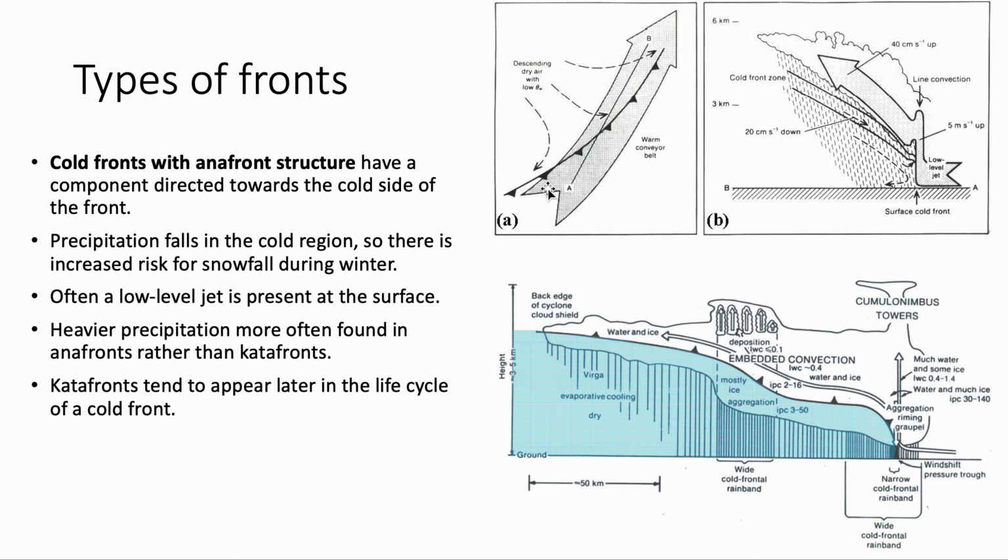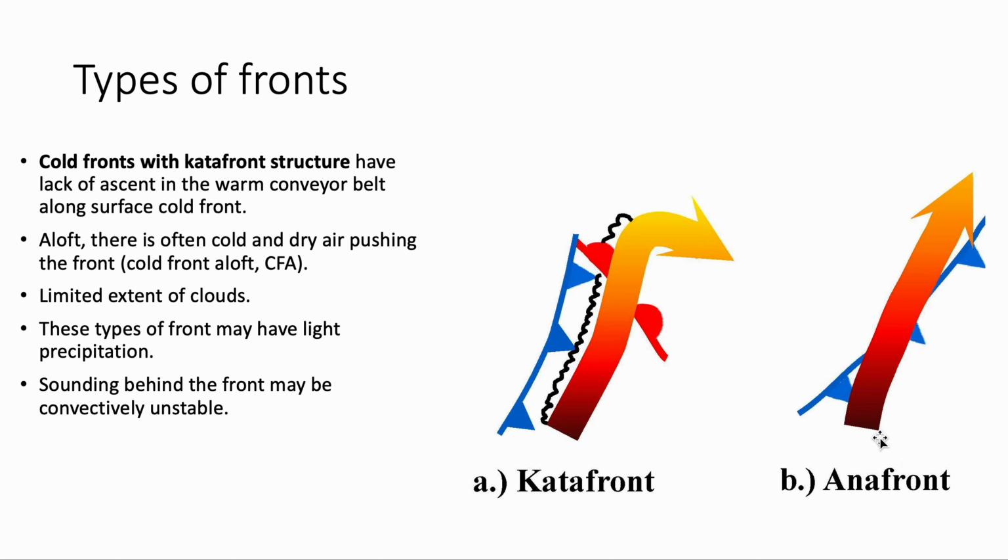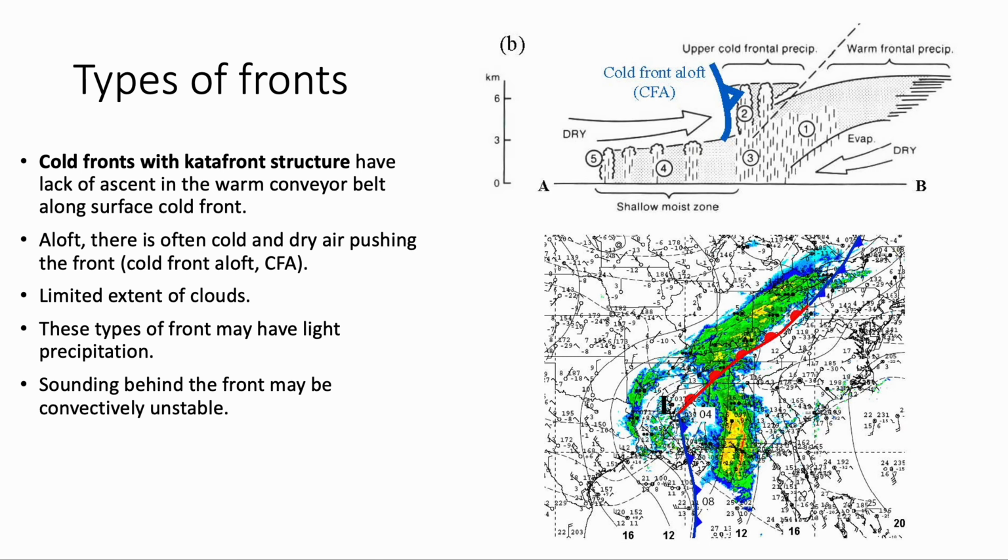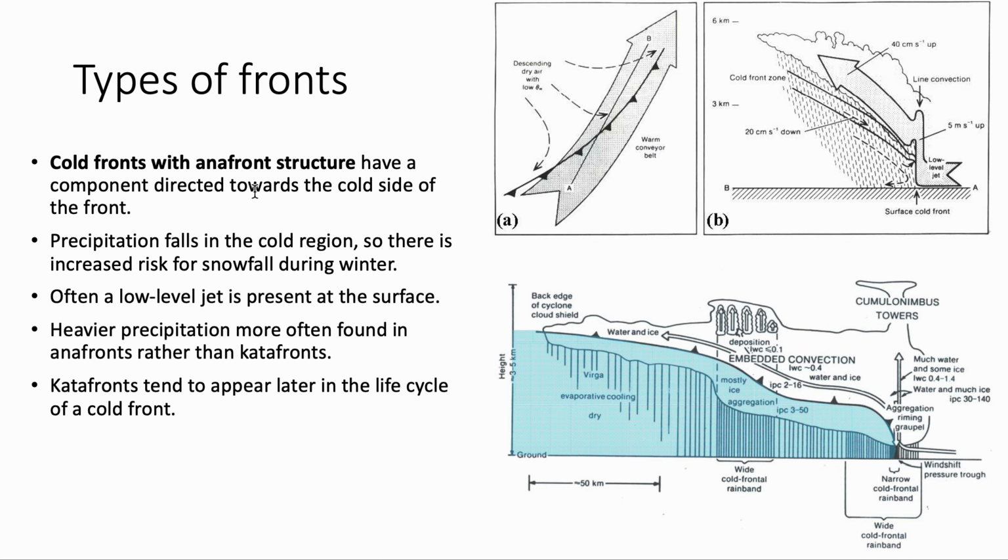And the other one is the anafront. And if you look at this animation, the anafront just goes above in the cold sector. And you can also see it here. It just goes with no problem towards the cold side of the front. And the precipitation often falls in the cold sector of the front.